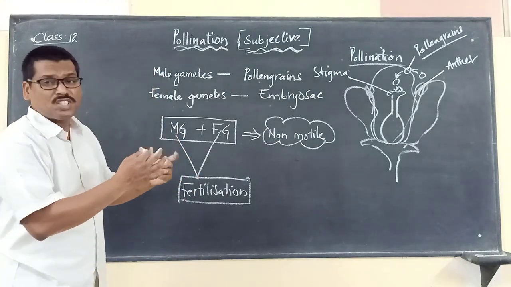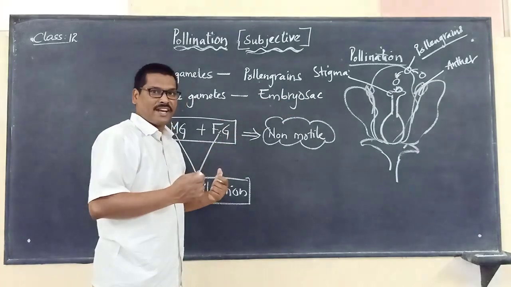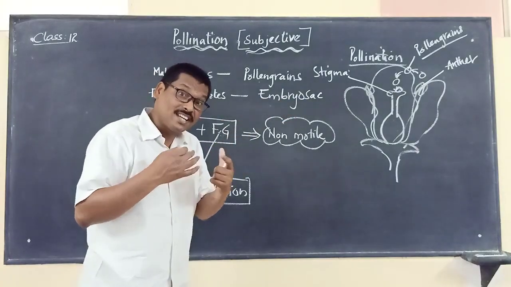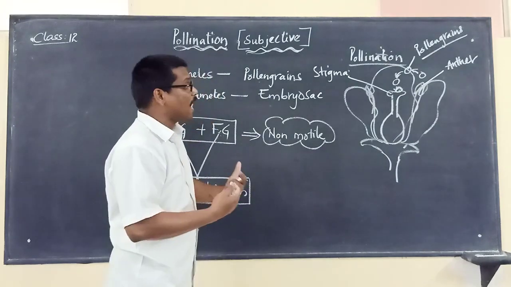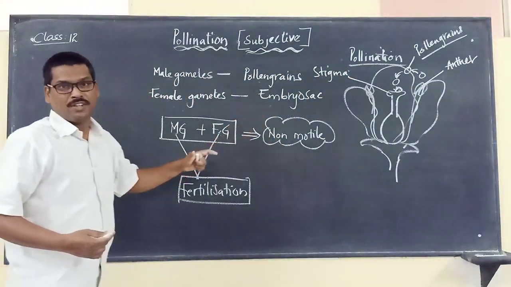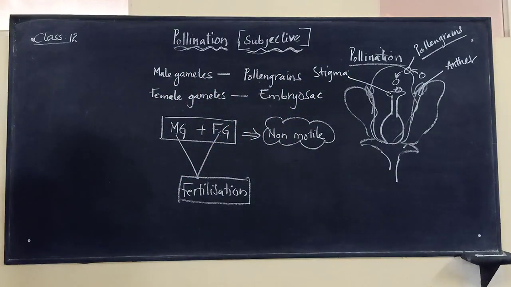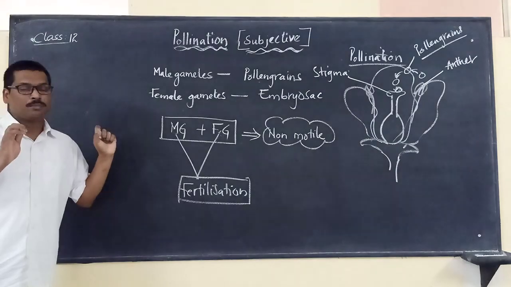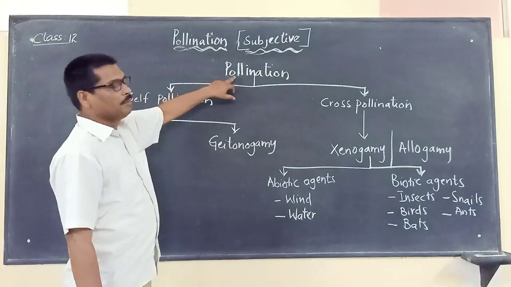But for this process to occur in plants, there are various external agents that will help in bringing about pollination. We are going to study what those agents are.